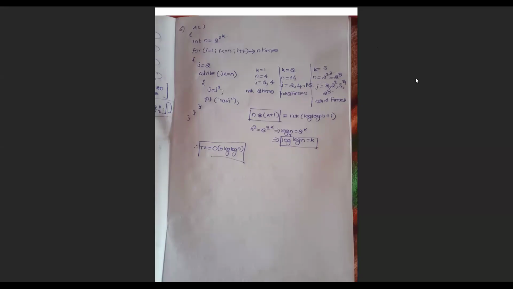So whenever k equal to 1, the n value will be 4. Next we are entering into the next, j equal to 2 while j is less than or equal to n. While the condition passes, we have to run up to those. So j equal to j square. It means the j value is 2. Next, 2 square means 4.